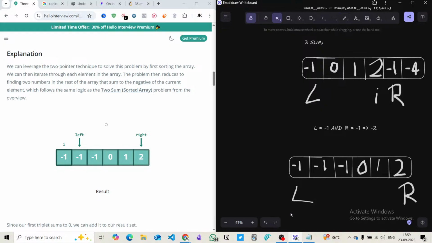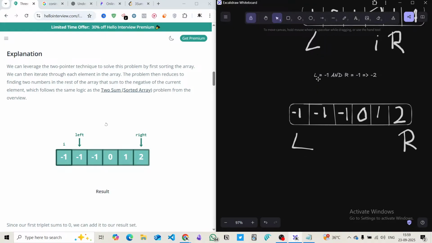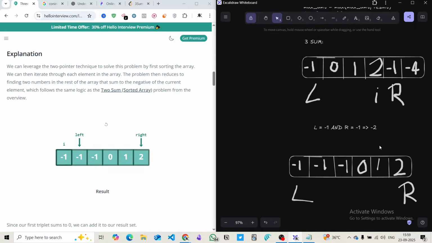So we just do the same thing, I between here. -1 is the answer, so +1. So yeah, it becomes 0. So that -4.